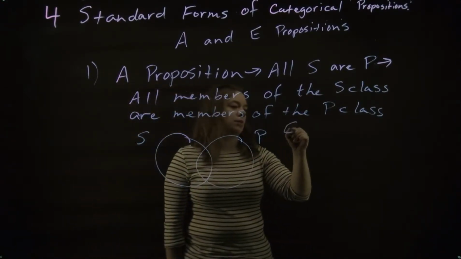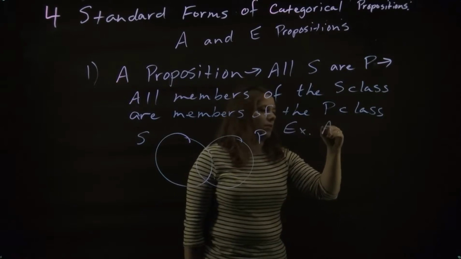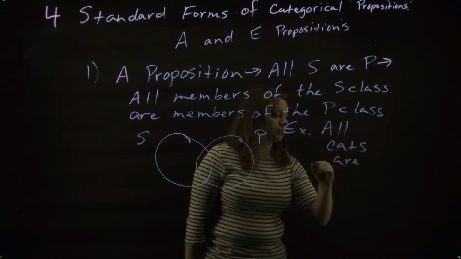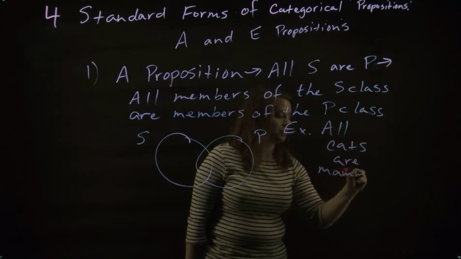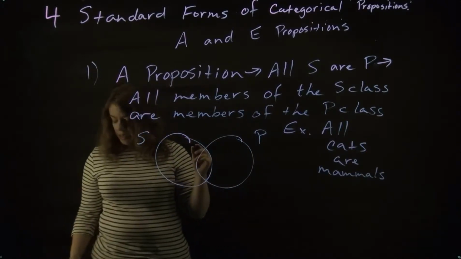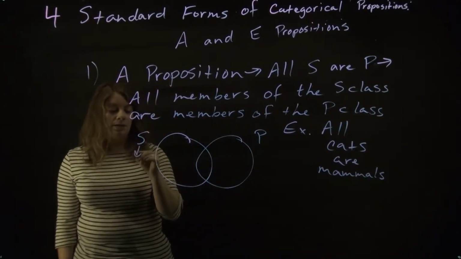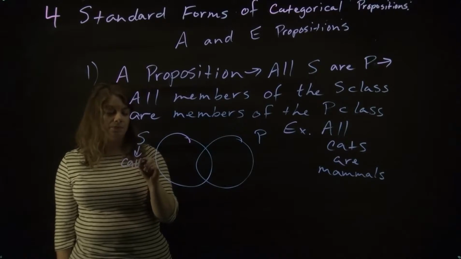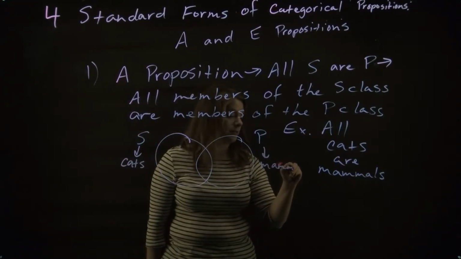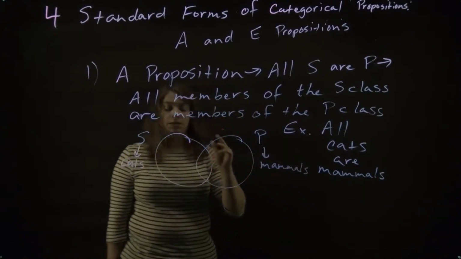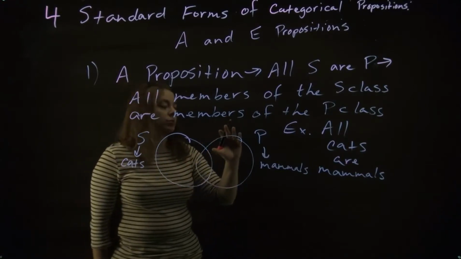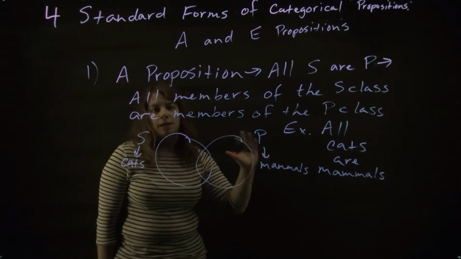So if you had our example, I think we had this earlier, of all cats are mammals. What this is saying is that, in this case, the subject is cats, and the predicate class is mammals. This is saying that if you find something that is a cat, it's always also going to be a member of the class of mammals.